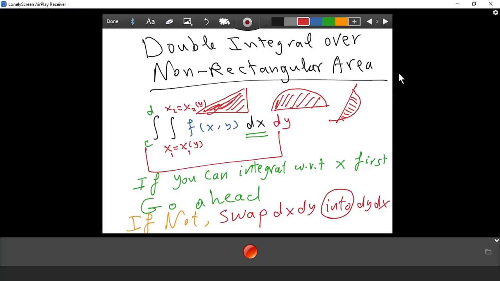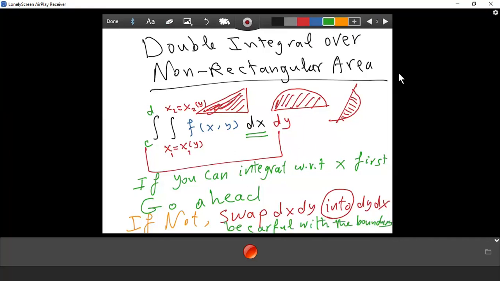No, of course. Be careful with the integration limits, or with the boundary of the integration, the lower bound and upper bound.